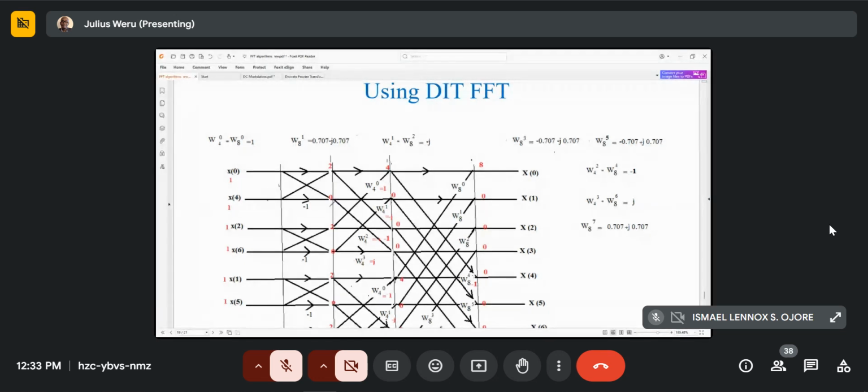So this will always be 2, this is 0. The others you just multiply with this. We know w4 to the 0 is 1, w4 to the 1 is j, w4 to the power of 2 is -1. So you just multiply with them.